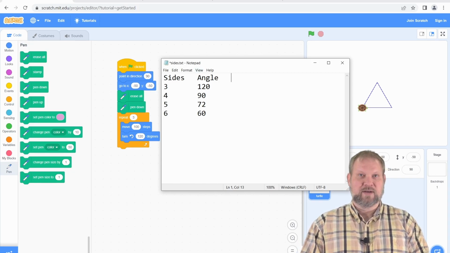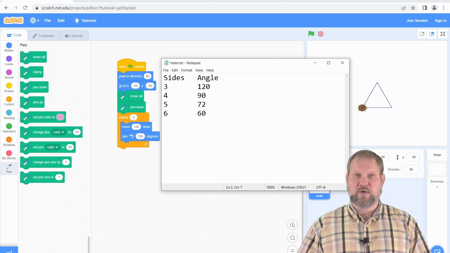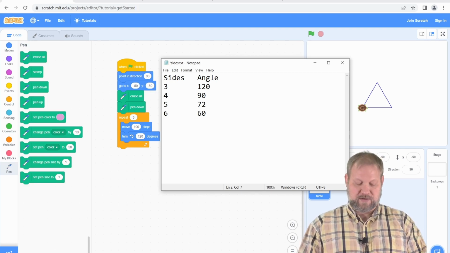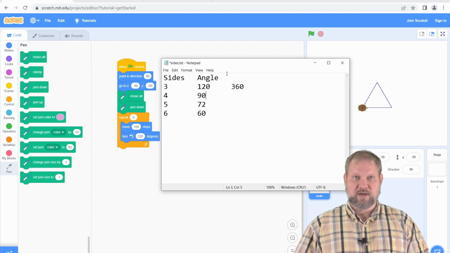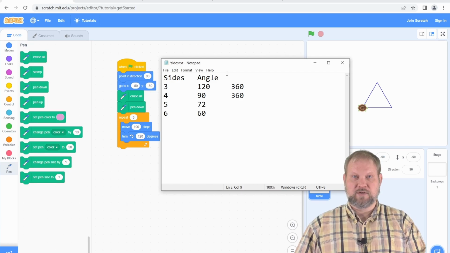And just to help with that, if we look at 3 and 120, and we multiply those together, we get 360. If we do 4 sides, and those are 90, and we do the multiplication there, we get 360. And if we do 5 and 72, again, we get 360.